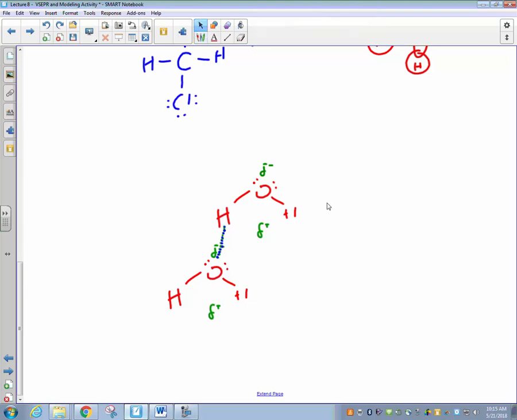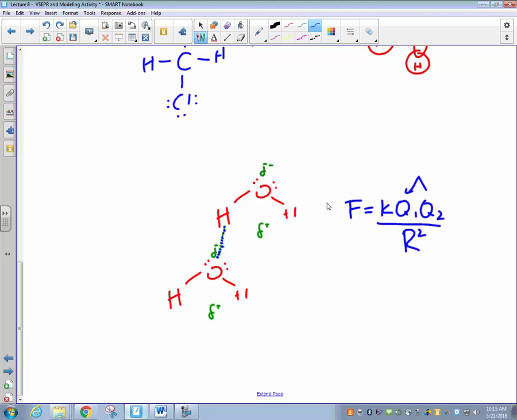Because that dipole is so very strong in water, and because the atoms involved in that dipole, that is oxygen and hydrogen, are so very small, those things can get very, very close together, and by Coulomb's law, that is F equals k Q1 Q2 over r squared, if the magnitude of the charge is fairly large due to that fairly large dipole moment, and the distance separating those particles is fairly small due to their small size, we'd expect the force of attraction between water molecules to be a very, very large number.